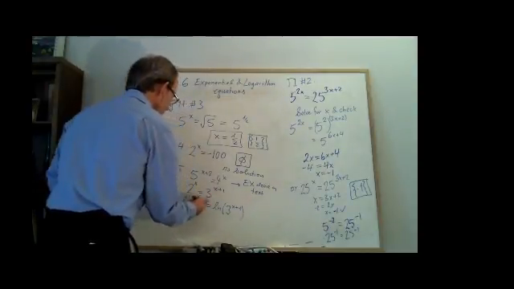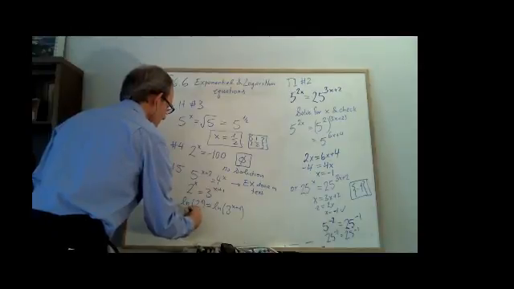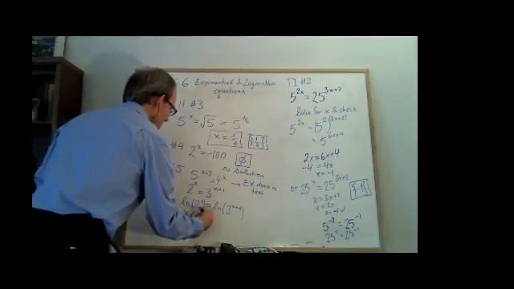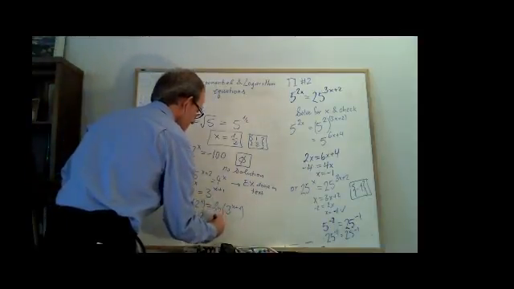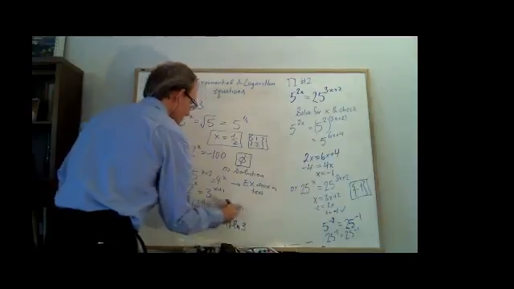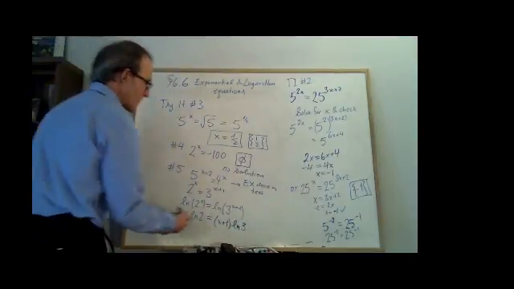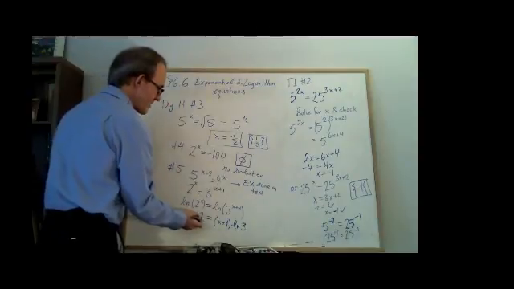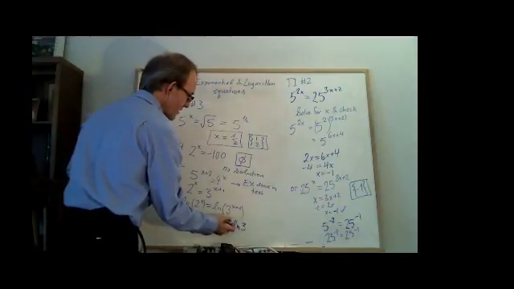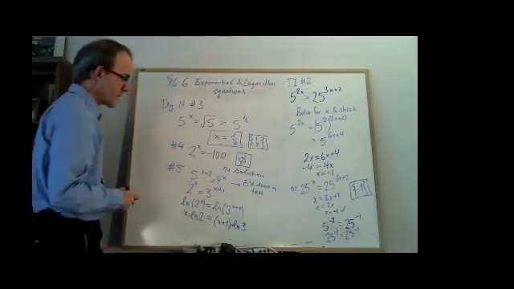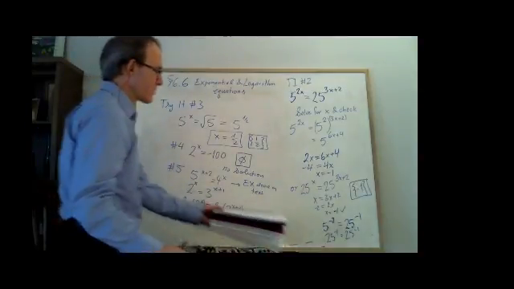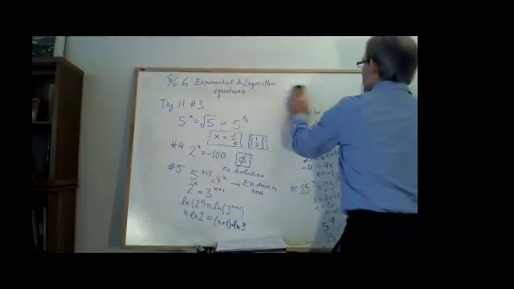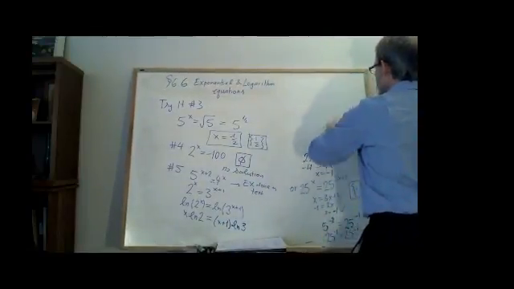And then the power comes outside, so x times ln of the base 2, and this is x plus 1, the whole factor comes out front, ln base 3. So this is x times ln 2, this is x plus 1 times ln 3. So this is actually a linear equation in x, so I can solve for x by the usual techniques of solving linear equations.